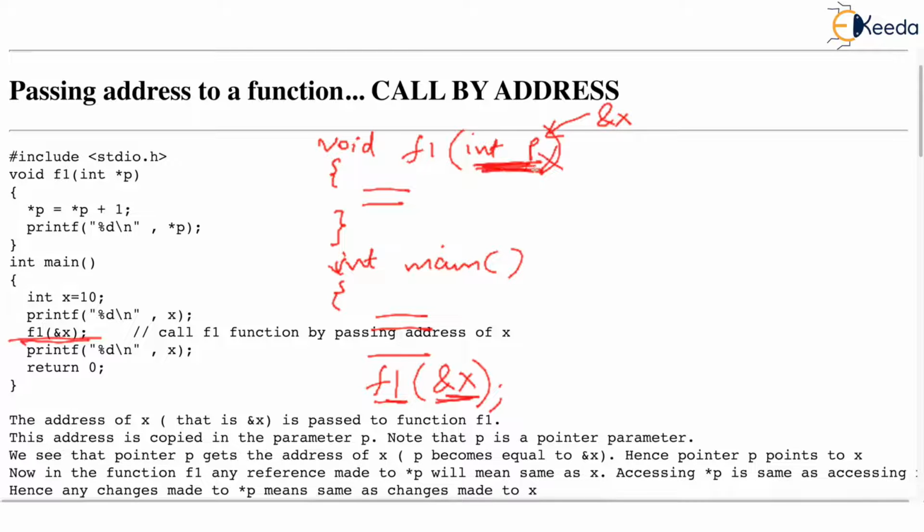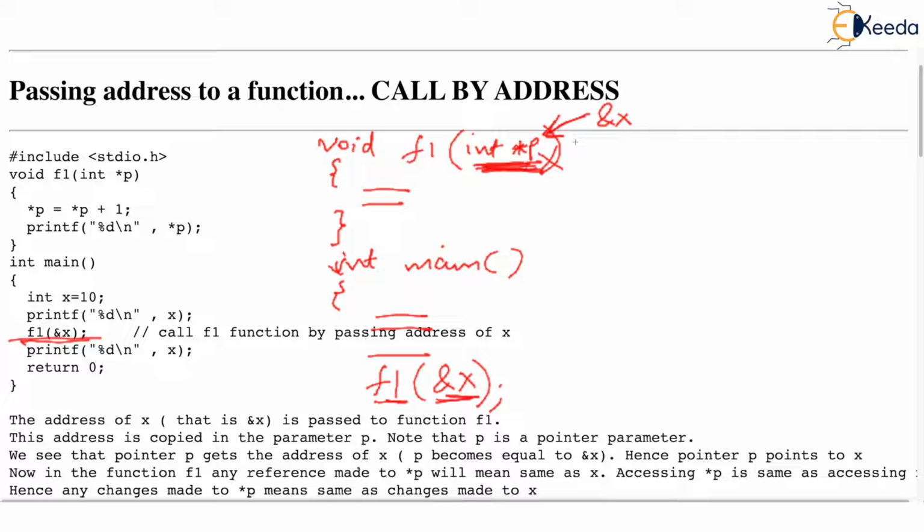The parameter here cannot receive the address because it isn't a pointer. So this is going to give a compiler error: you are passing the address, but how can you receive an address in a simple integer variable? This p has to be qualified as a pointer, only then it will receive the address.